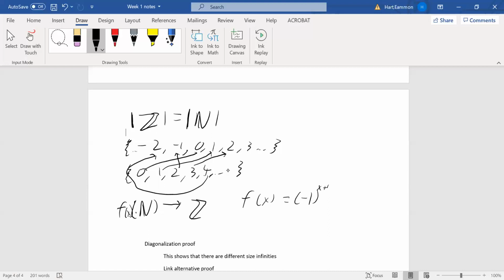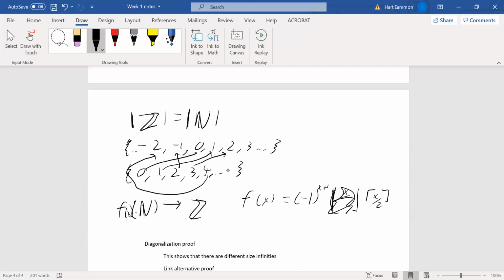So that means we're going to have this as an even power, times, sorry, no, we want the ceiling of x over 2. Ceiling of x over 2.